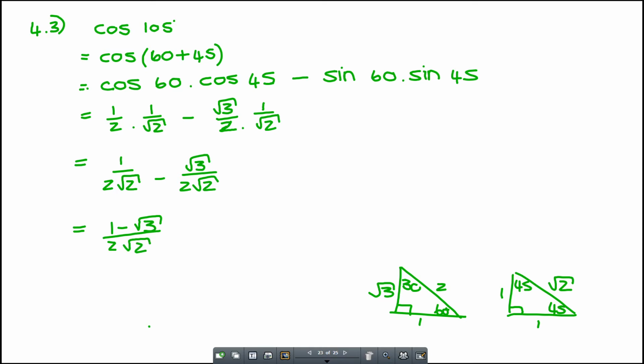Net double check. Okay, right then, let's rationalize our denominators, nee? So ek wil ontslae raak van daai wortel 2, nee? So I'm going to multiply with square root 2 over square root 2.